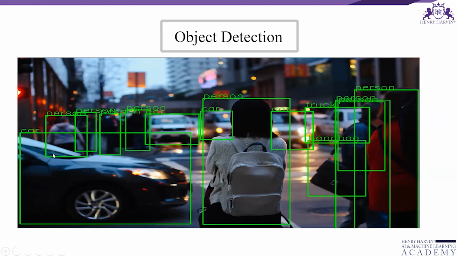In the first step, it is not identifying what it is. It is passed to the convolutional neural network, and the network classifies that this is a person, this is a car, this is a bag, right? This is what is being done by the CNN. Now all the regions will be combined to get the original image with the objects detected in it.